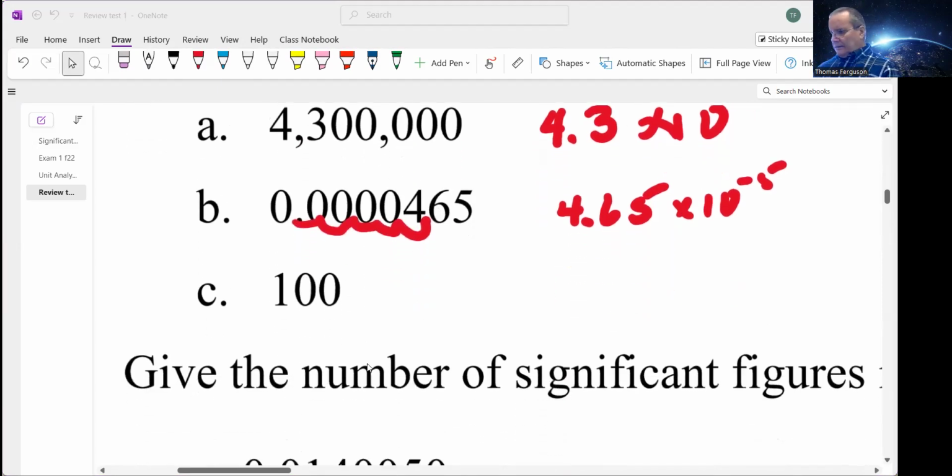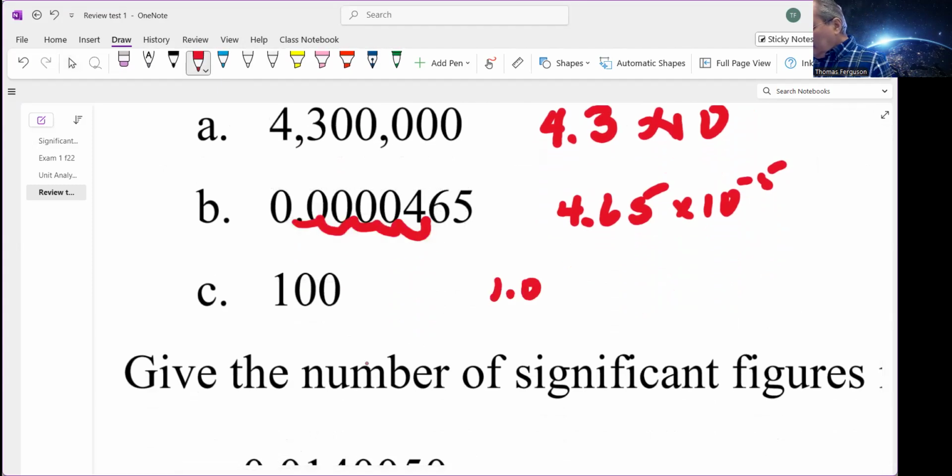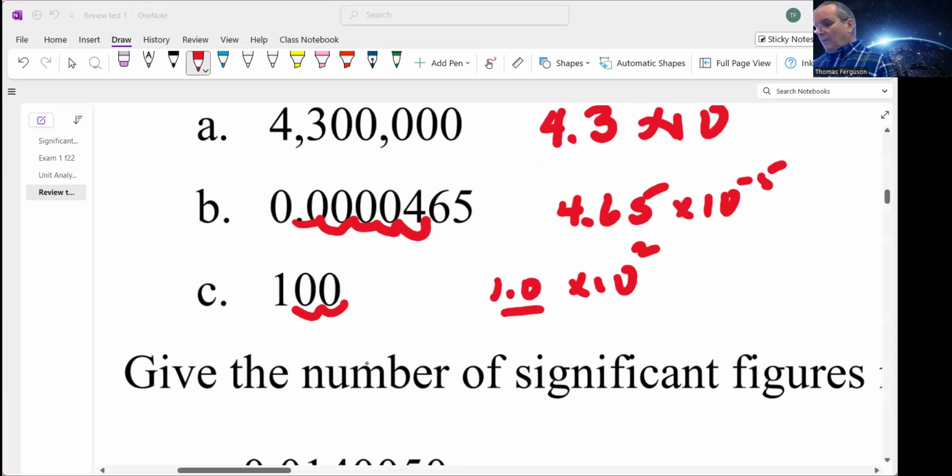Okay, and so how many sig figs does this number have? 1. How many does this have? So how do I fix that? Well, in the normal way, you just take this first number and convert it to a number from 1 to 9.